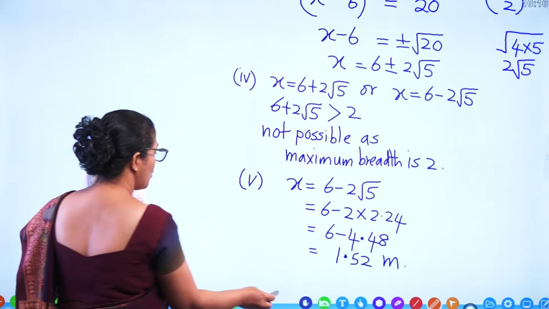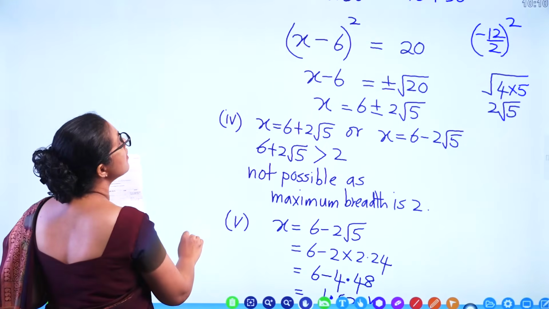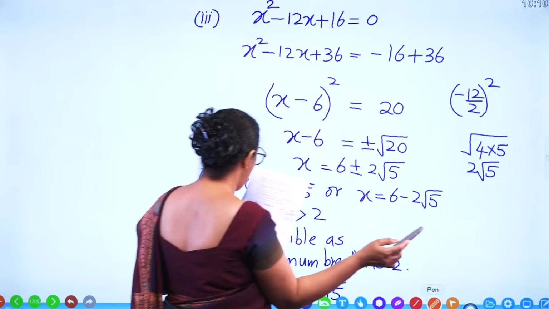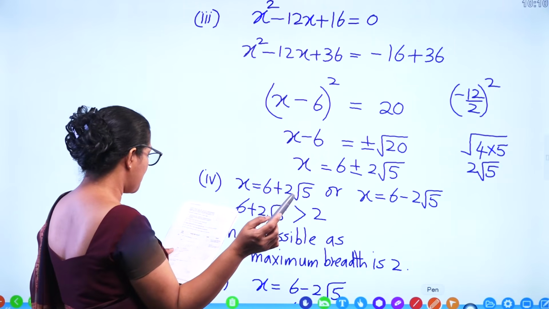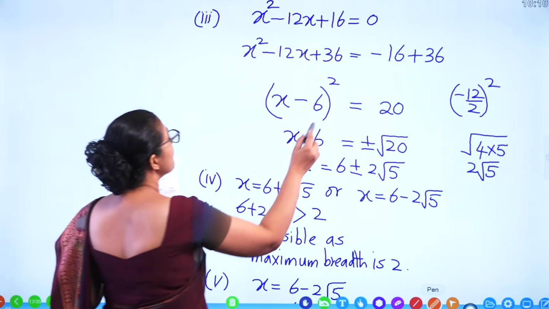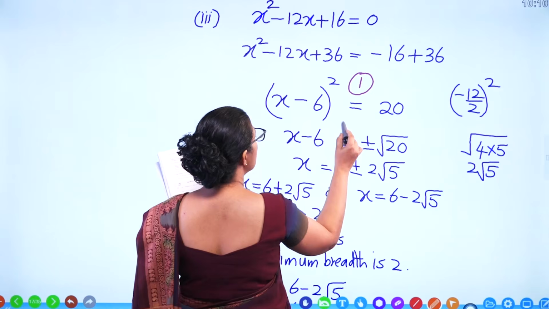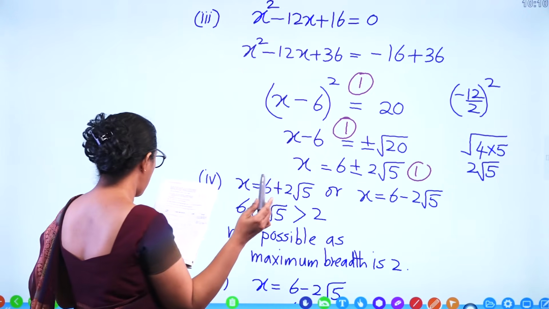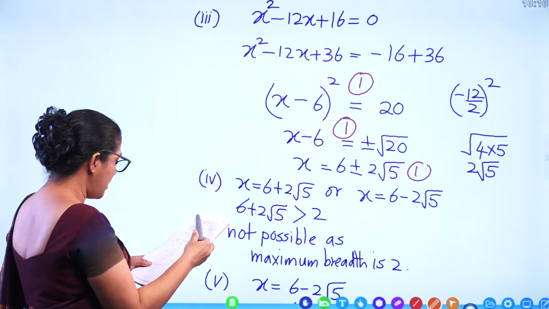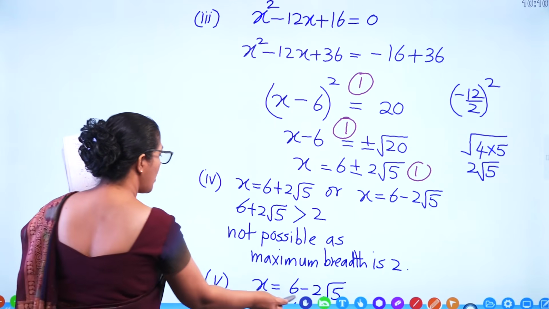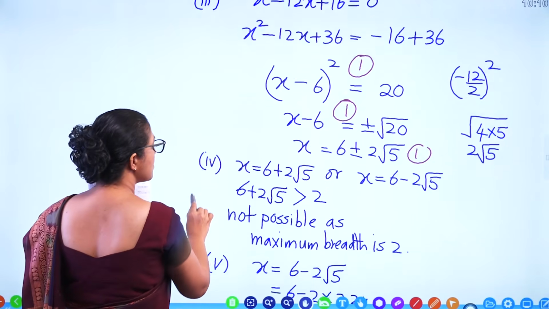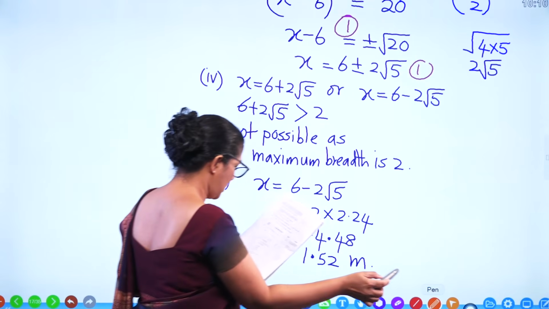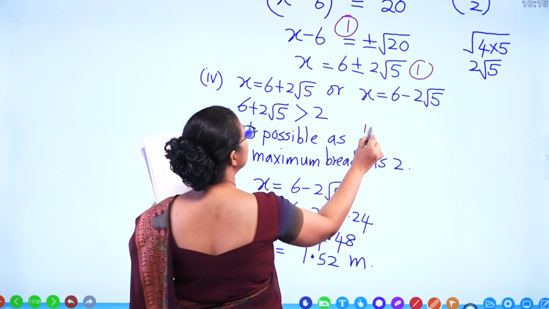Now we'll see how many marks you are getting. So showing using any method, quadratic formula or completing the square method, that's 3 marks. And then showing that this 6 plus 2 root 5 is not possible, you get 1 mark.